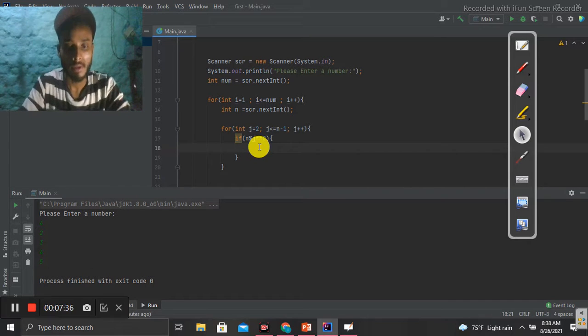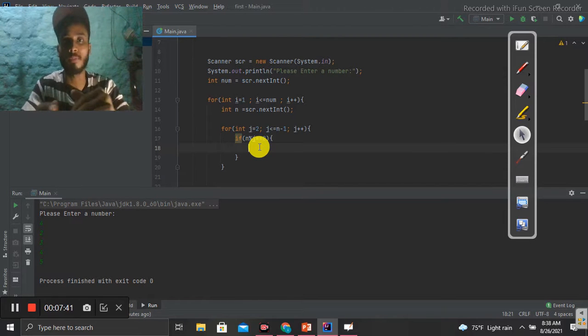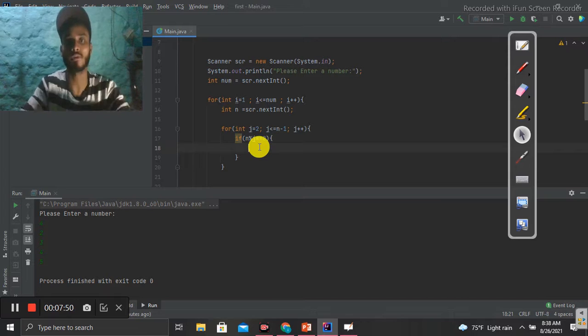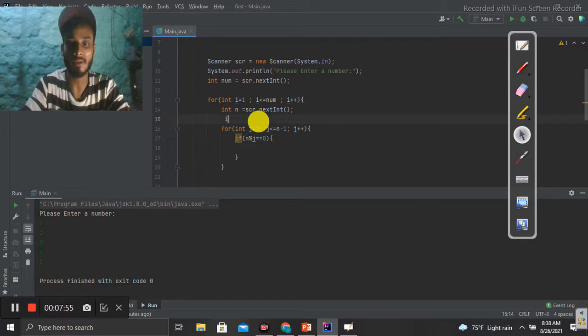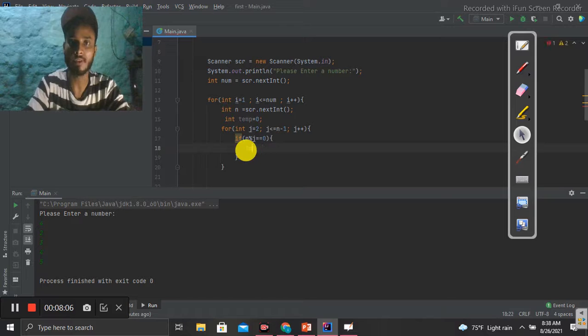So you can also write here System.out.println with not prime number, and else it is a prime number, but it repeats one by one, so it is not a perfect way. So I take a variable, int temp equal to 0, and in this section I increase it by 1, temp plus 1.